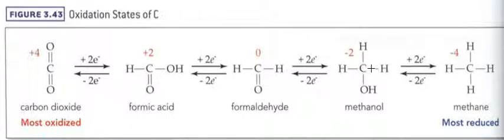In this scenario, you have these hydrogens donating electrons because the hydrogens are not electronegative, but you have this oxygen stealing 2 electrons. So not only is it stealing the one that was originally given by the H, but it's taking one that came from the C as well. So you go from -4 to -2.